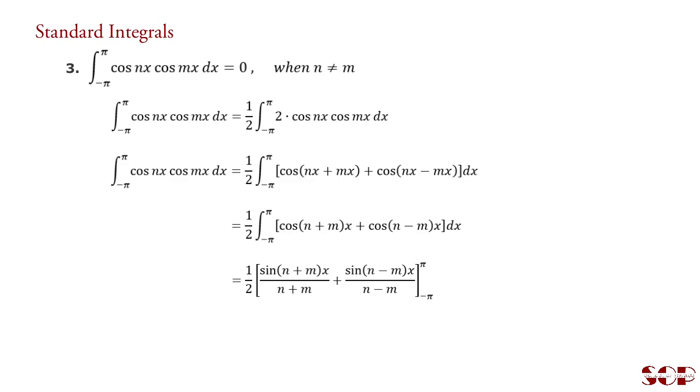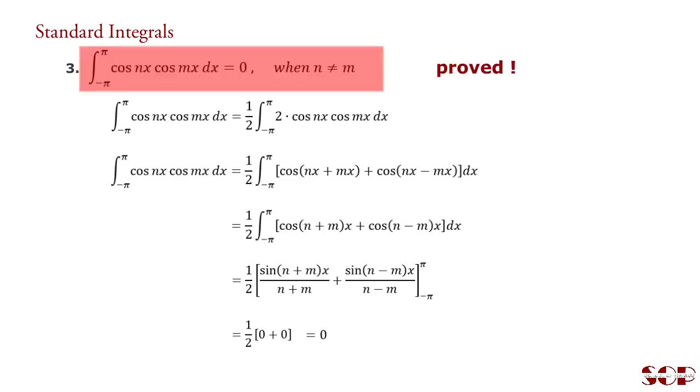Now, here we take the integration of cos (n plus m) x, that is sin (n plus m) x upon (n plus m), plus the integration of cos (n minus m) x, which is sin (n minus m) x upon (n minus m), with limit minus pi to pi. Here both the sine terms become 0. Therefore, it equals 1 upon 2 into 0, and that is 0. This is the value of the integral.